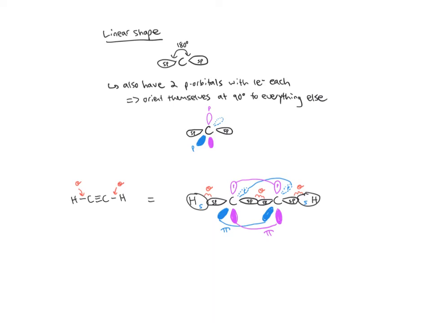And so it doesn't really matter where we label them. Let's just say we're labeling one line the sigma, another line the blue pi bond, and then the last line is representing the purple pi bond. So basically we're going to have a triple bond as a result of one sigma bond and two pi bonds.